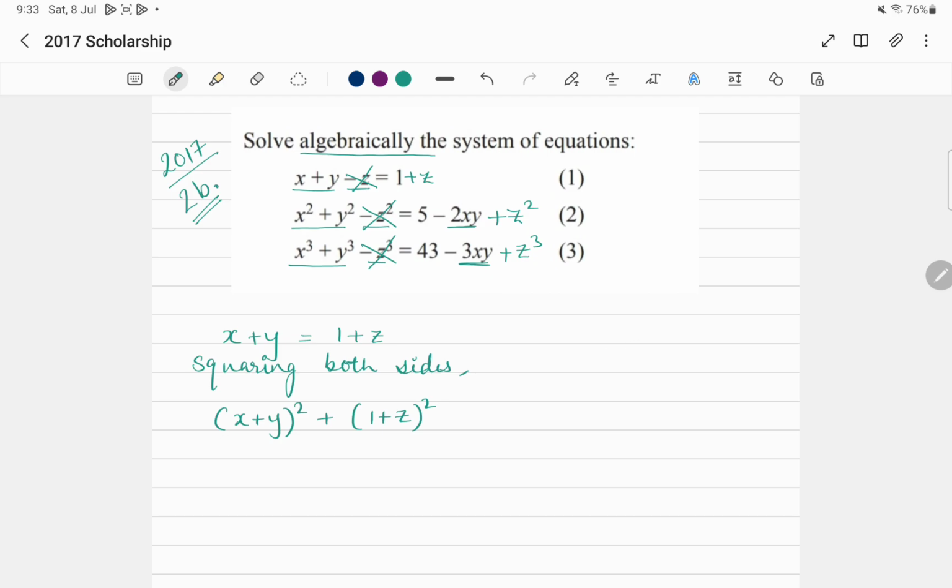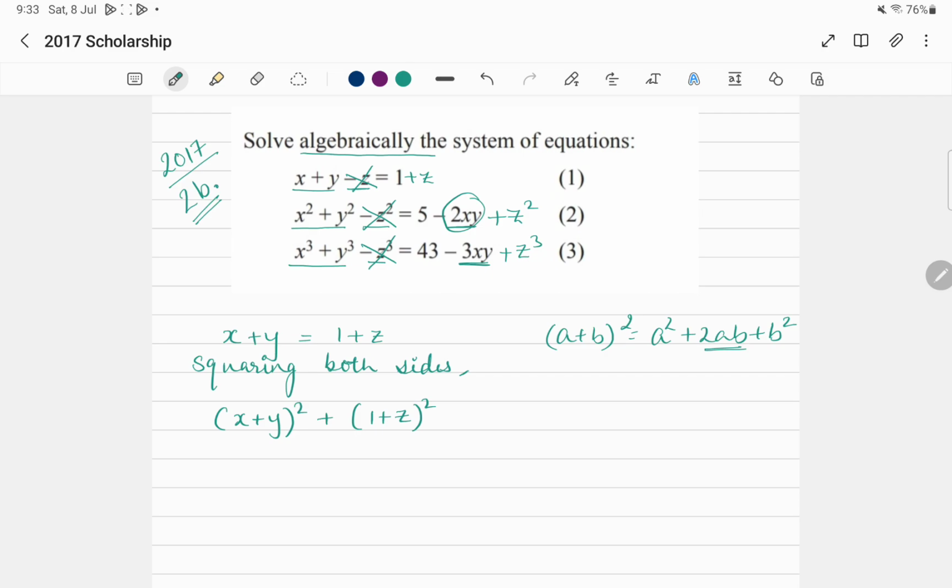And if you know a plus b whole square, the algebraic identity is a squared plus 2ab plus b squared. So this 2ab is this 2xy because it's x and y here, right?